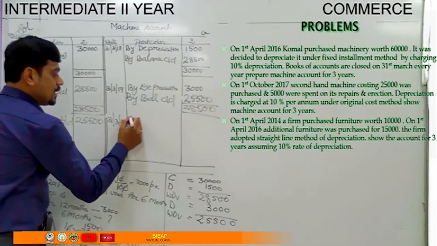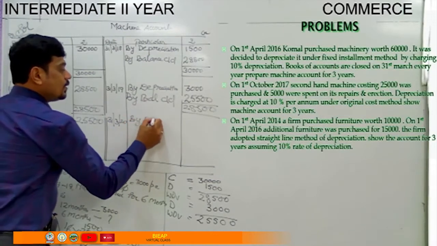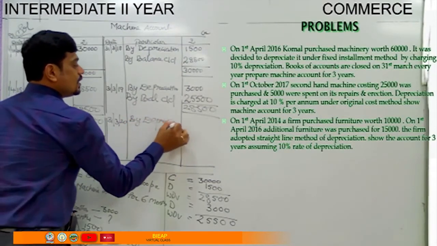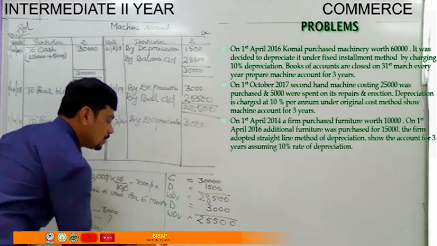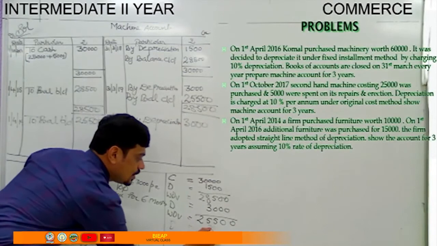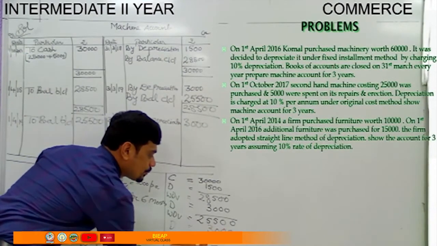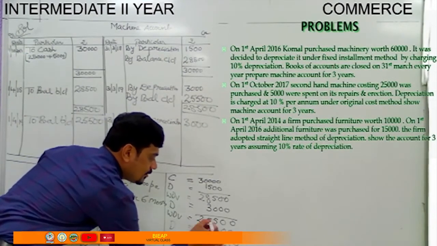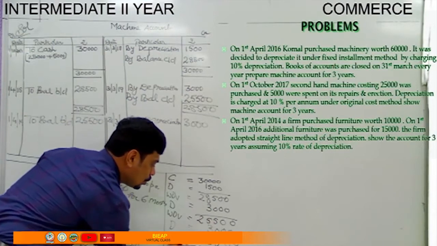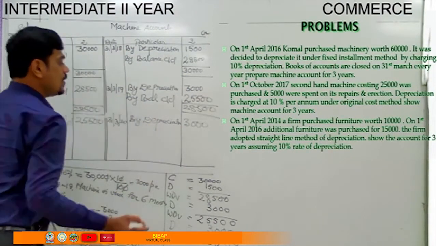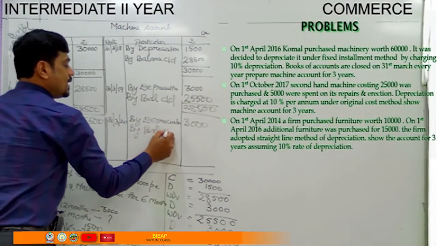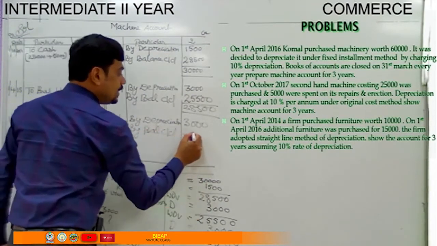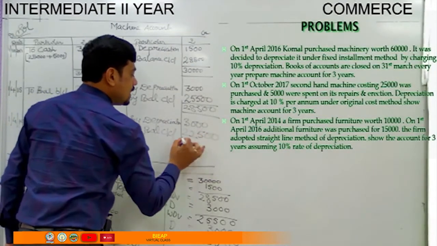2020, the pandemic year. So by depreciation. How much is depreciation again? 3,000. So I'll charge 3,000 depreciation here also. If I subtract, we get 22,500. This is again my written down value. So by balance carried down, 22,500.